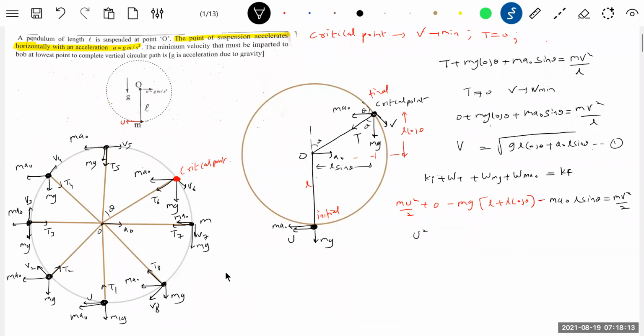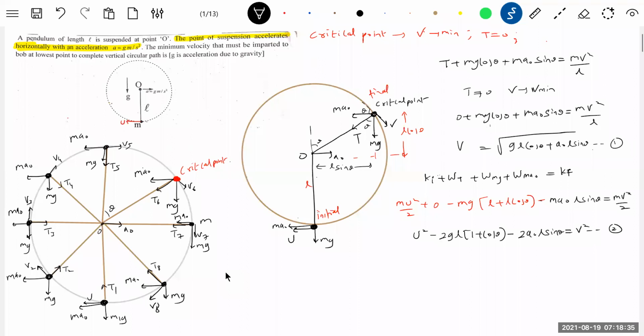Now this will become u square minus 2gL times 1 plus cos theta minus 2a naught L sin theta equals v square. This is equation 2.